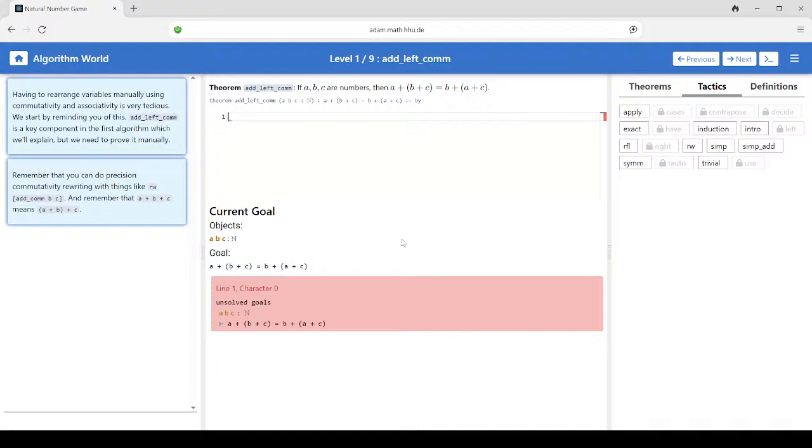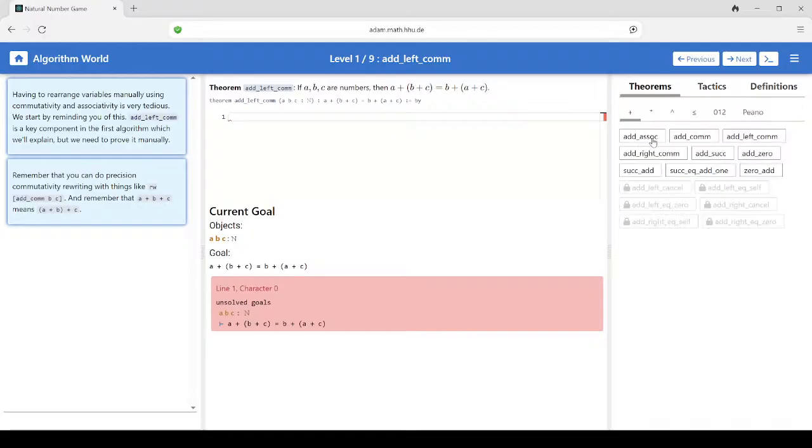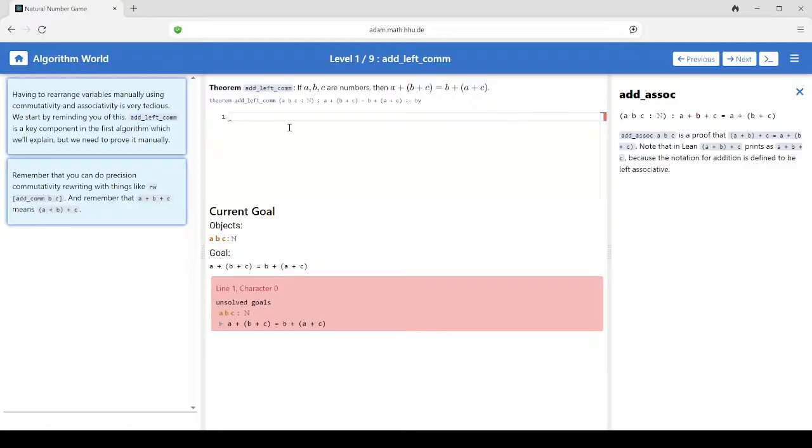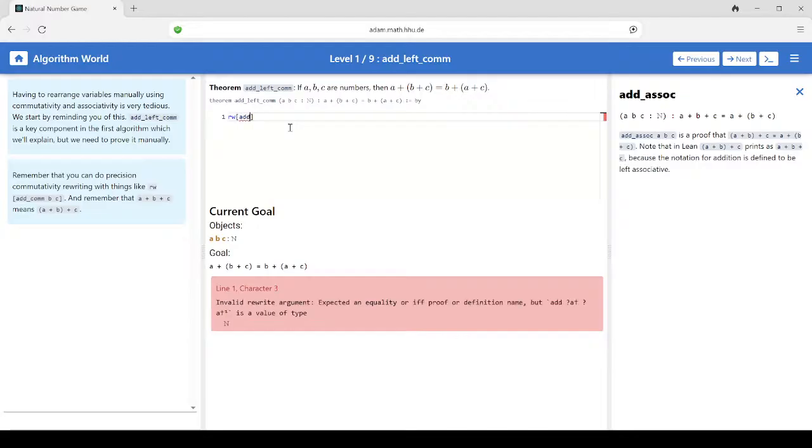Okay, so we just need to get the b and the c to change places. Wait, what does this one do exactly? Is the proof that a plus b plus c is equal to a plus b plus c? No, so this doesn't change the order the numbers are in. That changes the order in which we do them.